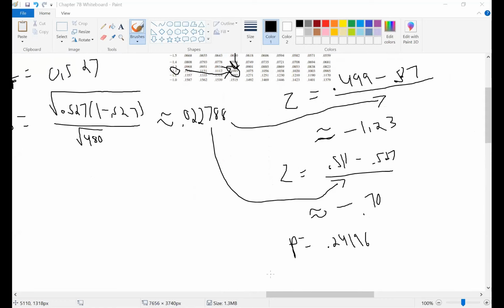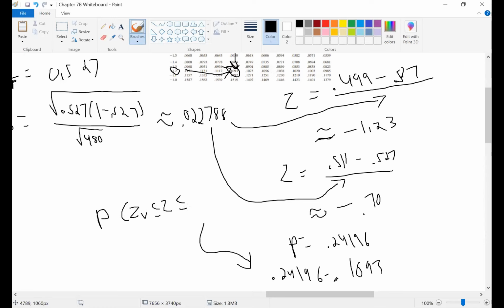I'll label this as well, for those of you who want the labeling. And that is 0.133. So the probability of getting a polling average that's basically a really close selection, in this case, was about 13.3%.